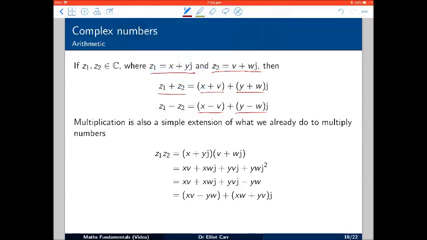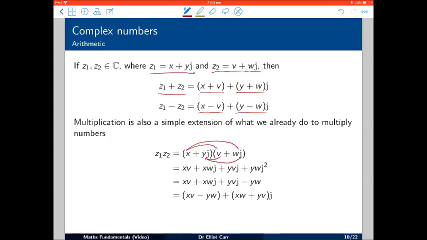Okay, so I can also multiply two complex numbers together, and it's very similar to expanding expressions. I expand the brackets as so.